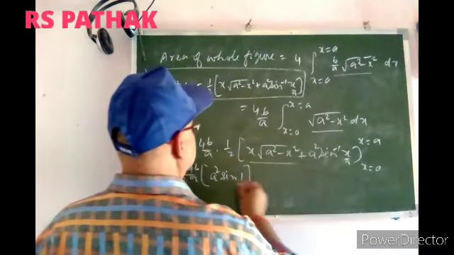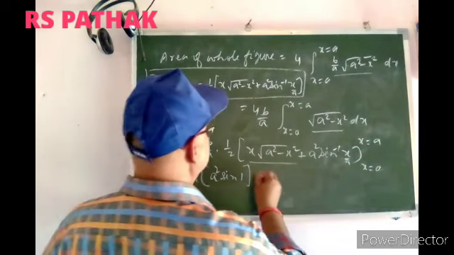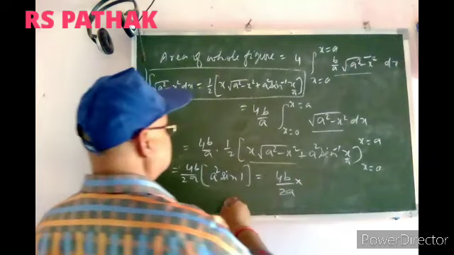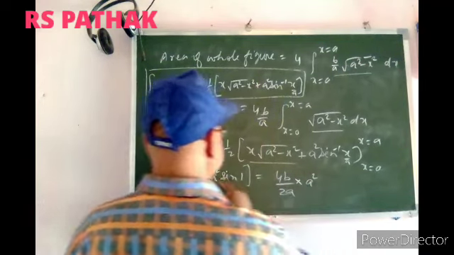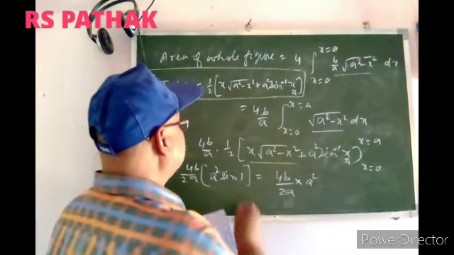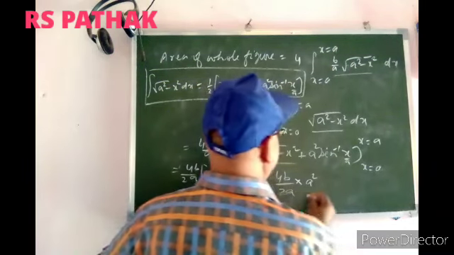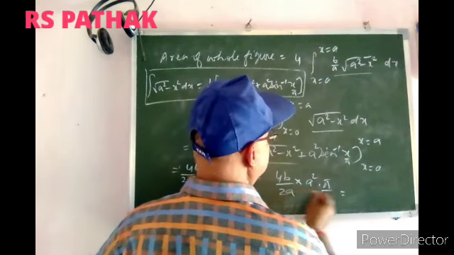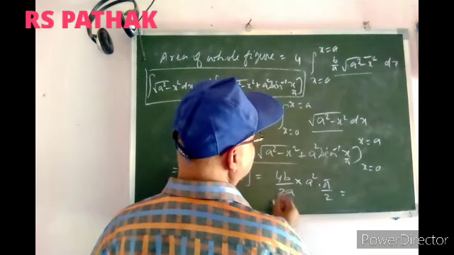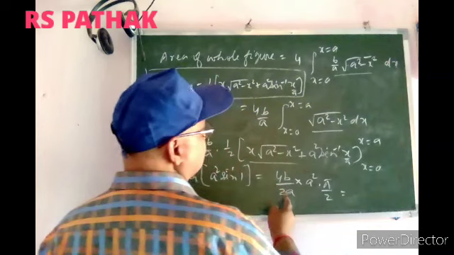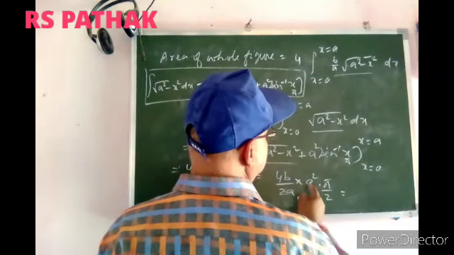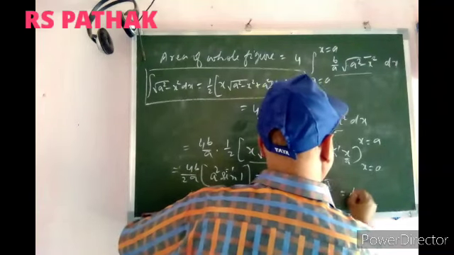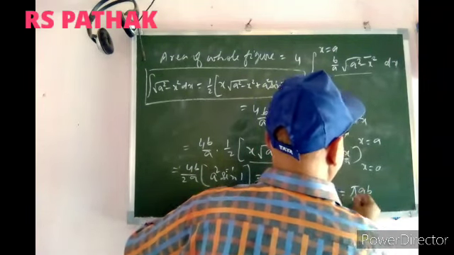This whole term will be equal to 4b upon 2a into a square sine inverse 1, which will be pi upon 2. After solving this, 2 into 4, 4 will divide 4, b a square, a will divide a square. Then the answer will be pi a b.